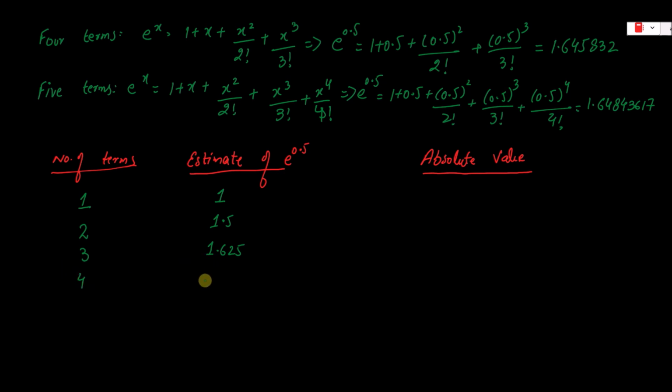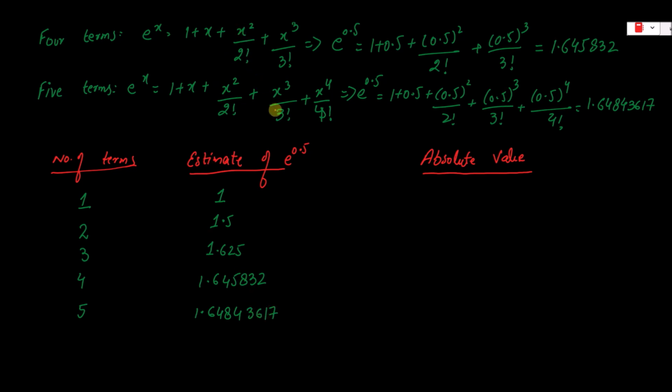For four terms, we have 1.645832. In the second case, we have 5 terms, so that is 1.64843617.